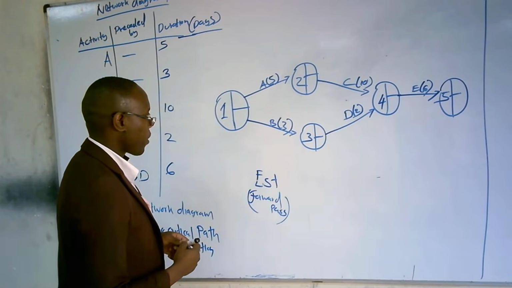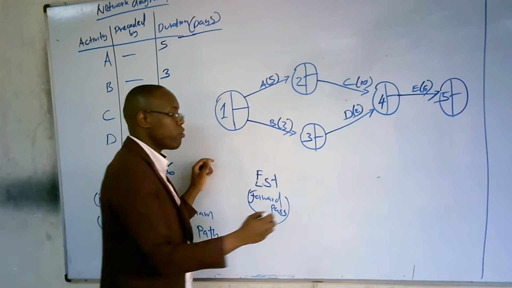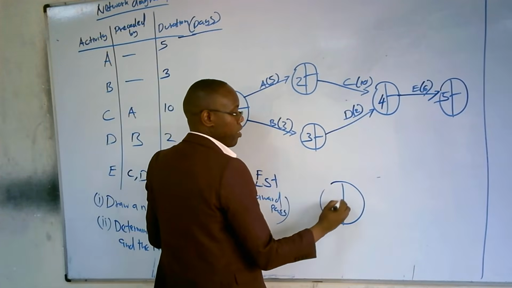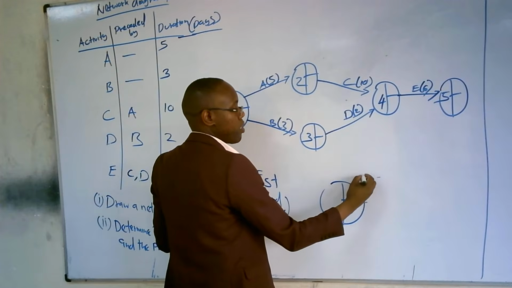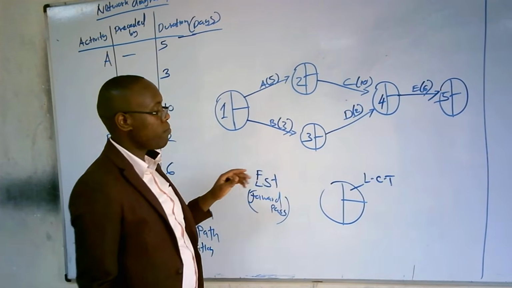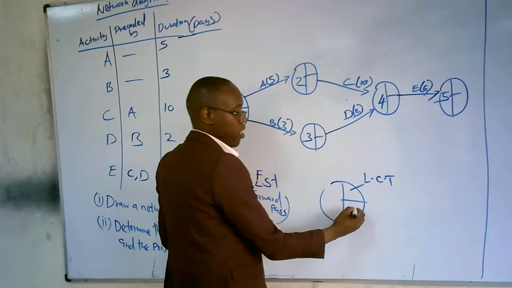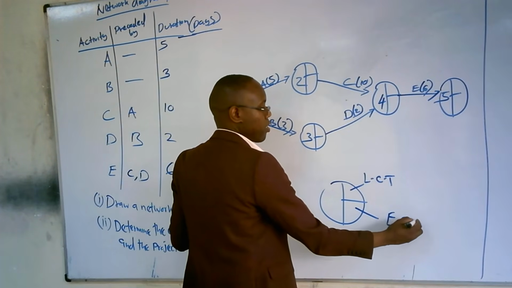And in this circle, this node, the upper quadrant that you see here usually represents the latest completion time. And the lower quadrant usually represents the earliest start time.